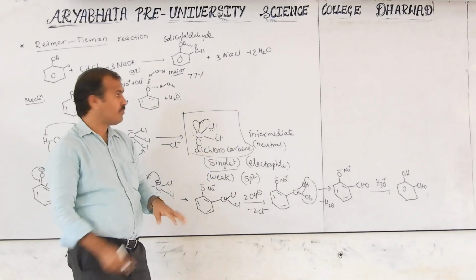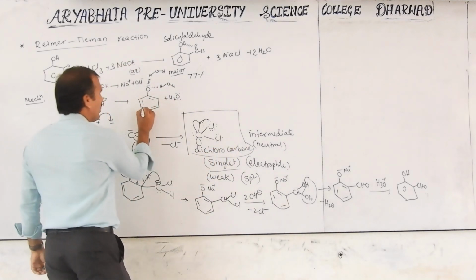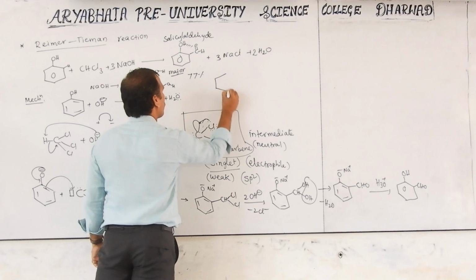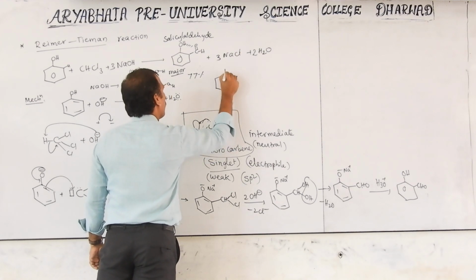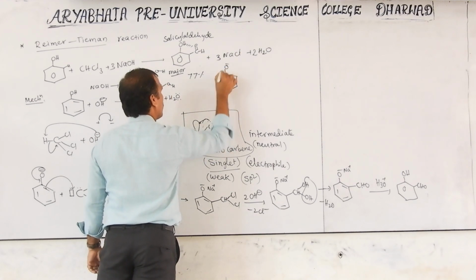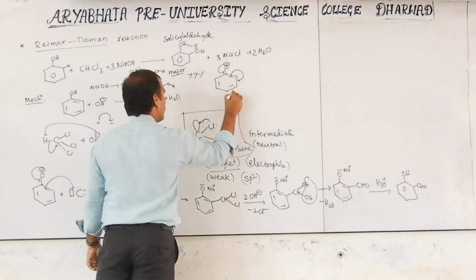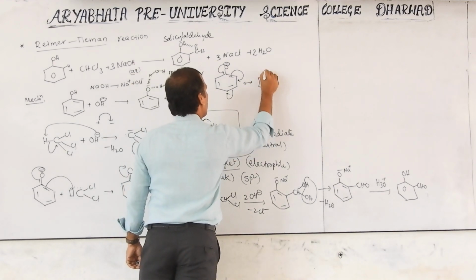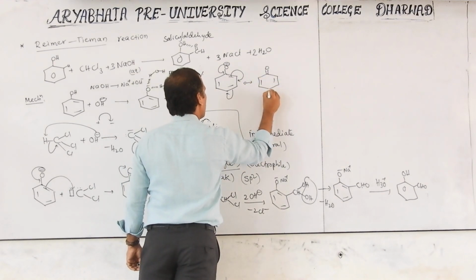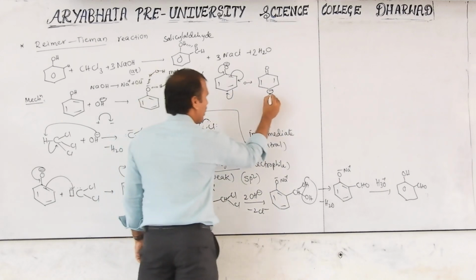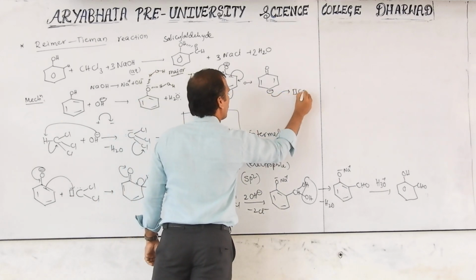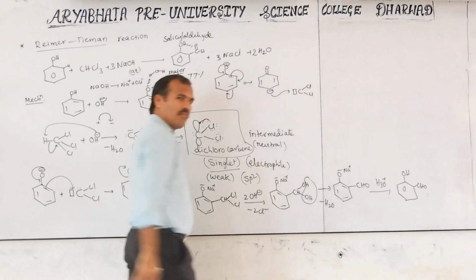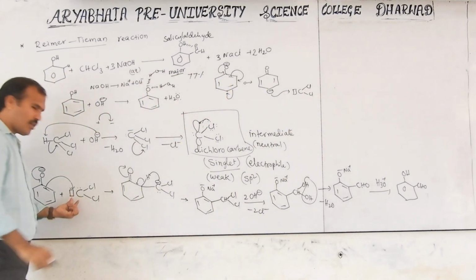Para also forms. How does para form? See, this one is phenoxide, O minus with double bond. If it comes to here, this will come to here, this will come to here. Then what is the resonance structure here? Double bond, O double bond, here a negative charge. This negative charge can attack this dichlorocarbene.